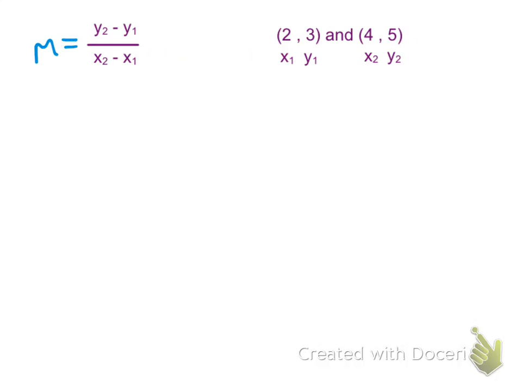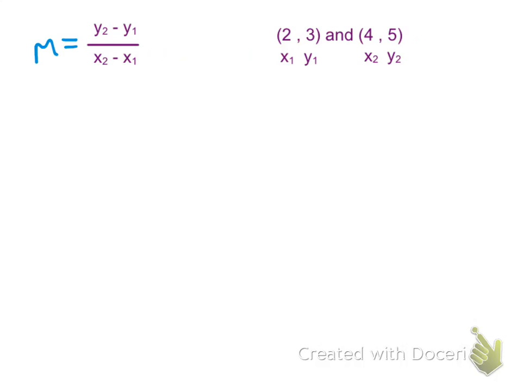So if I look at the example that I have here, (2, 3) and (4, 5), if I'm going to find the slope of those, I can assign values for my x and my y values. If I make one number 1, the second number that goes with that ordered pair has to also be 1.